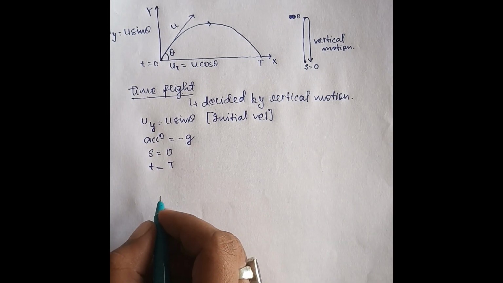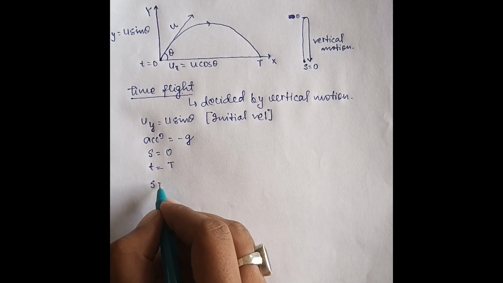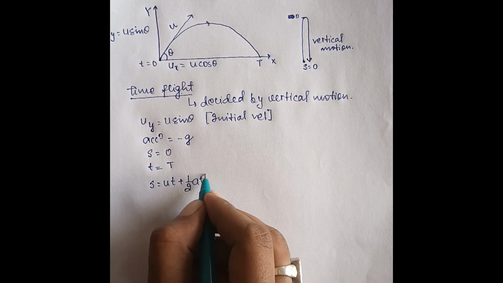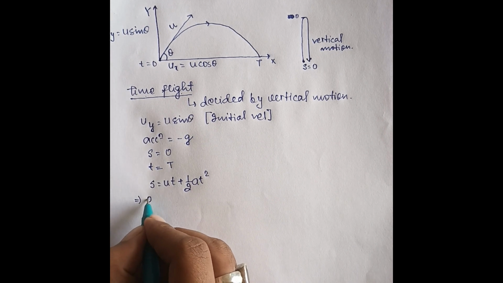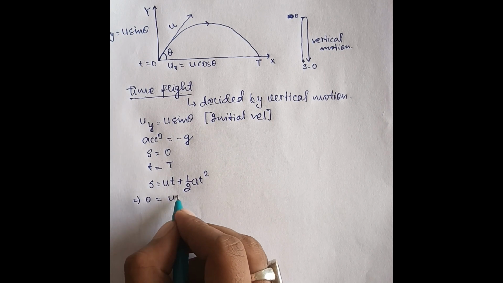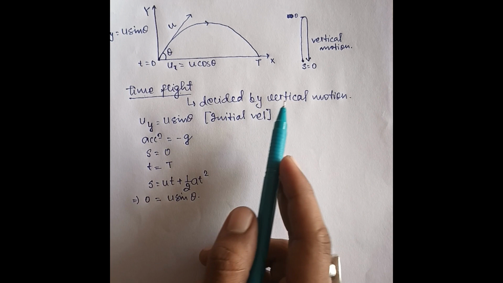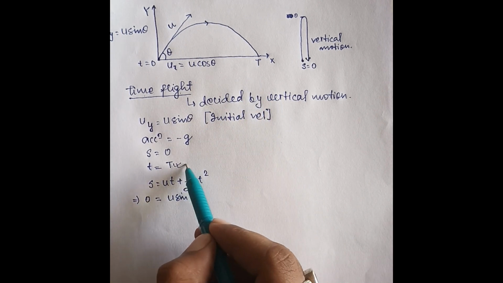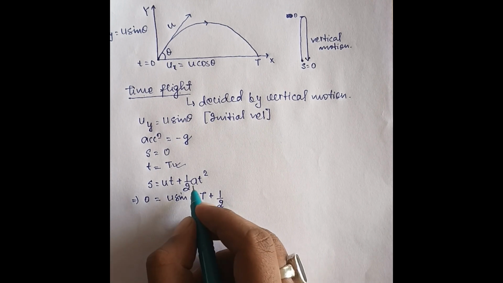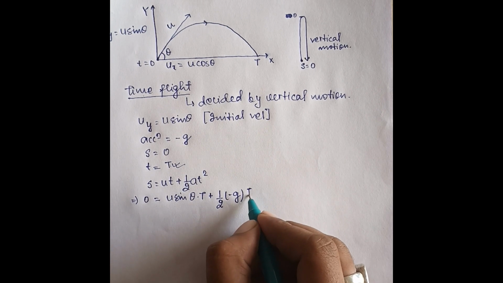Now from the second equation of motion, what do we have? That is s is equal to ut plus half at square. Now here displacement is obviously 0, and equals u, which we have considered as u sine theta, multiplied by t, and t we have considered capital T, plus 1 by 2, acceleration due to gravity is minus g, and T square, that is capital T square.